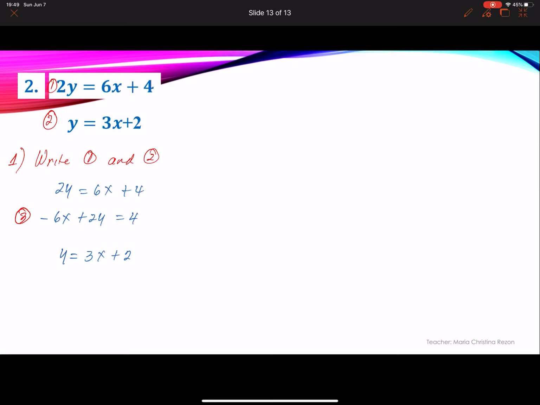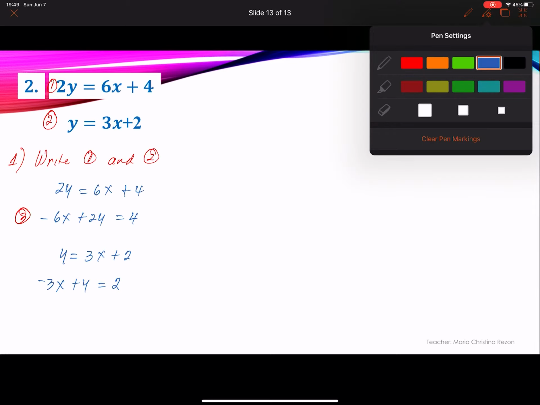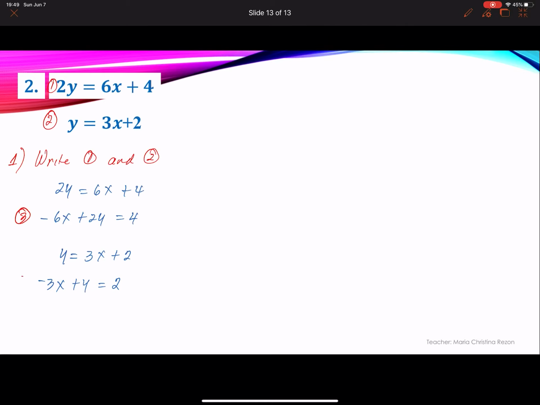So we'll just have negative 3x plus y is equal to 2. And we call that equation 4. Then the next thing that you're going to do is look at equation 1, equation 3, and equation 4.